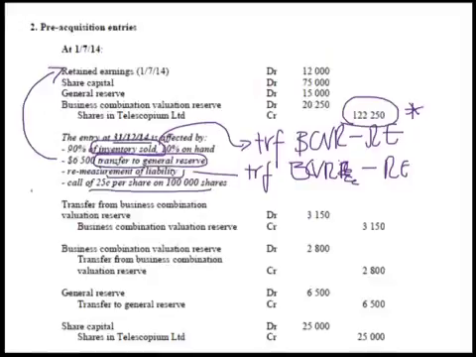So let's see where those adjustments are in the current year. So 90% of the inventory was sold. The after-tax BCVR adjustment that related to that 90% of inventory was to the value of 3,150. So we transfer it now from the BCVR to retained earnings. Now, if you listen to what I'm saying, you transfer it from BCVR to retained earnings.